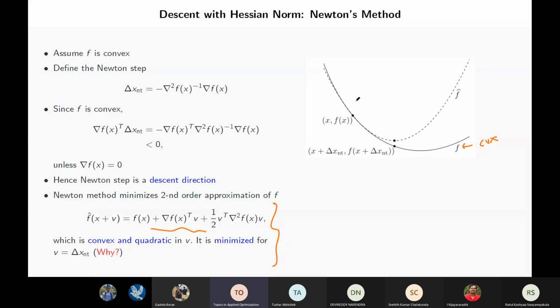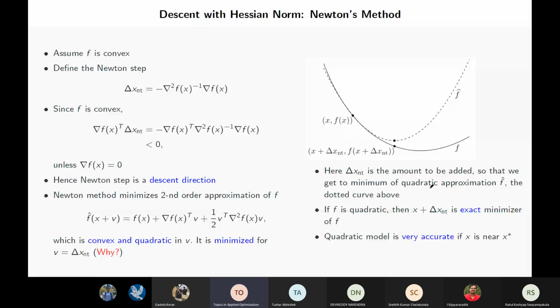But if you had done some other isotropic kind of thing, then your approximation is only good in a very small part. But here it's nicely matching for a large extent, because the quadratic approximation is better, so it's capturing the curvature a lot more.